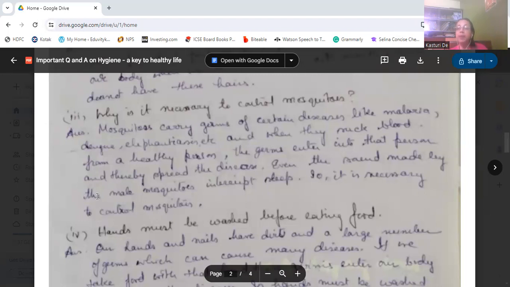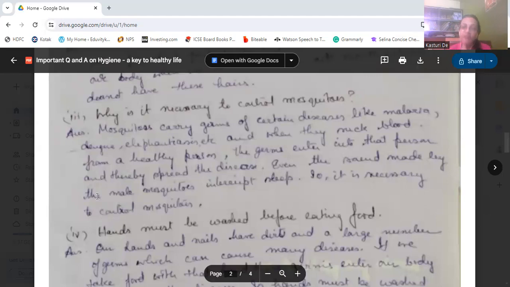Even the male mosquitoes make sounds. We have all heard that noise from the mosquitoes. So that interrupts our sleep. So it is necessary to control the mosquitoes.